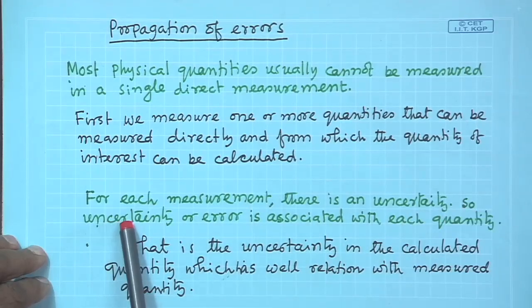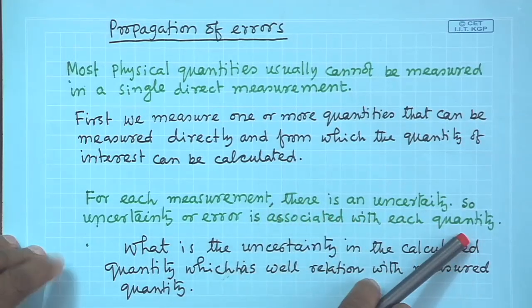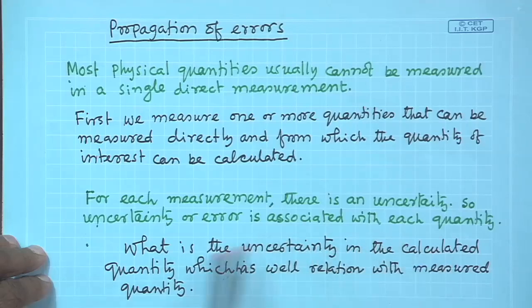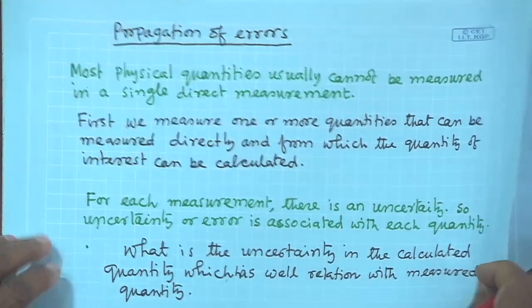Now, what is the uncertainty in the calculated quantity, which has a relation with the measured quantity? That relation can be in terms of summation, difference, multiplication or division, or some combination.